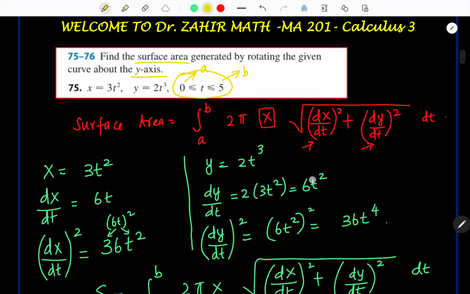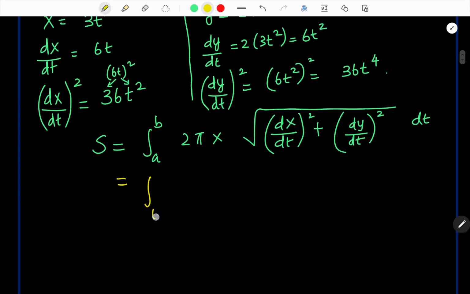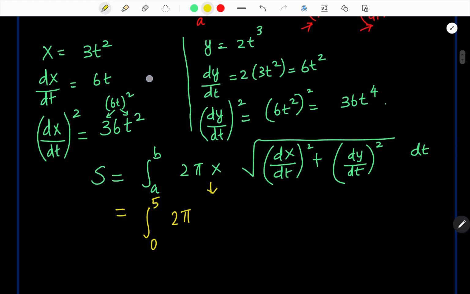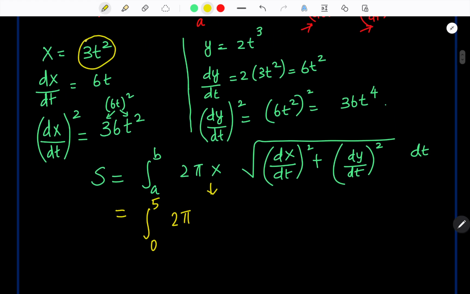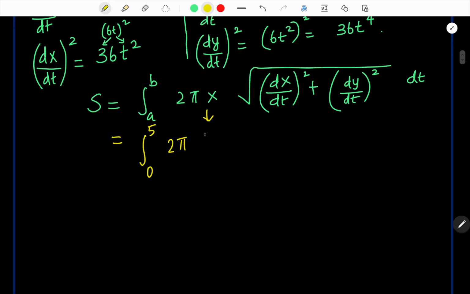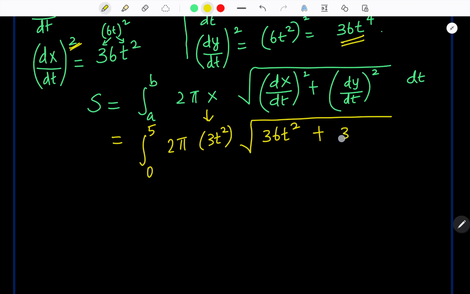So 2 pi. What is the value of x? x is given in the equation, which is 3t square. So this equals 2 pi times 3t square, times the square root of, already you squared, keep in your mind, 36t square plus, already you squared, 36t power 4, into dt.